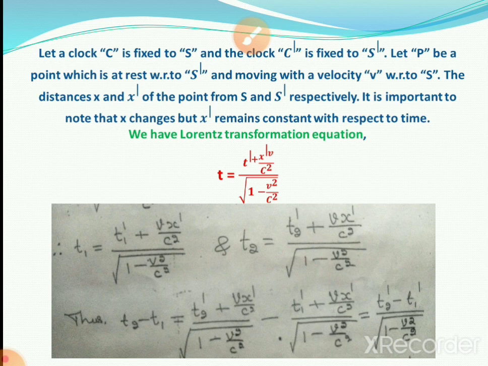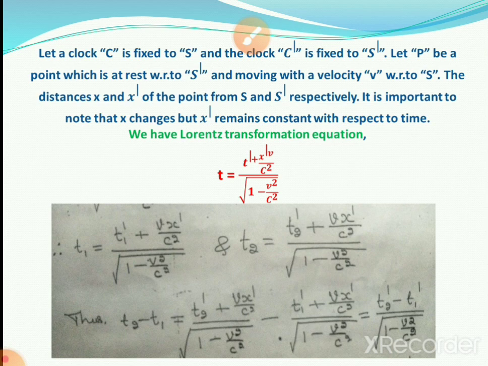Therefore, we know the Lorentz transformation equations. x dash is equal to x minus vt divided by square root of 1 minus v square by c square. y dash is equal to y. z dash is equal to z.